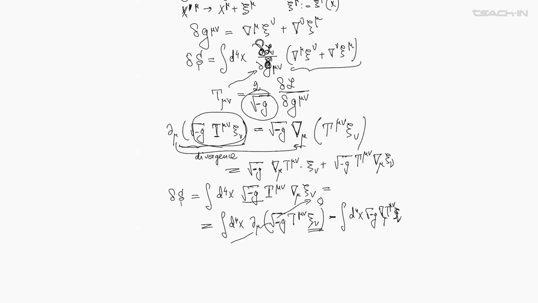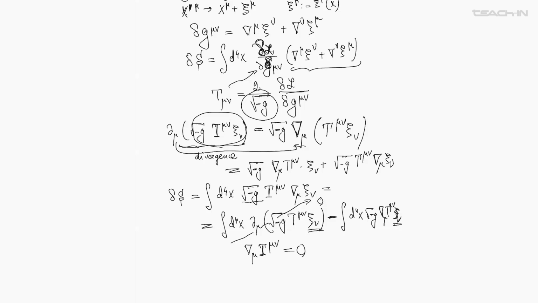And then, since you want your action to be invariant with respect to diffeomorphisms, and this is the way you couple your field to the gravitational background, you want the whole action to be invariant with respect to diffeomorphisms. Then it means that this variation must vanish for any ψ_ν, and this is only possible if the stress tensor satisfies this equation: the covariant derivative ∇_μ acting on T^{μν} vanishes.